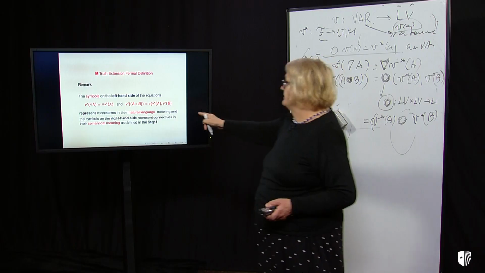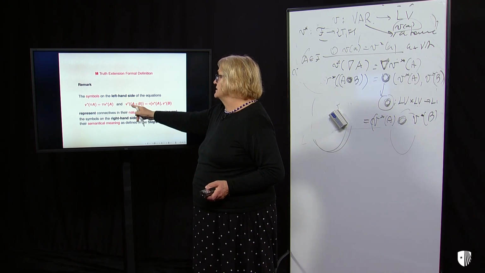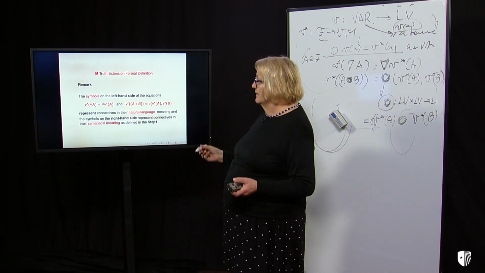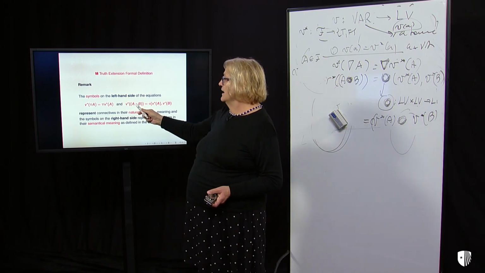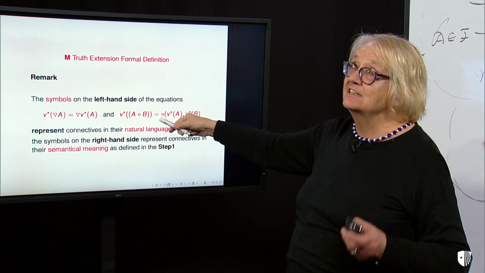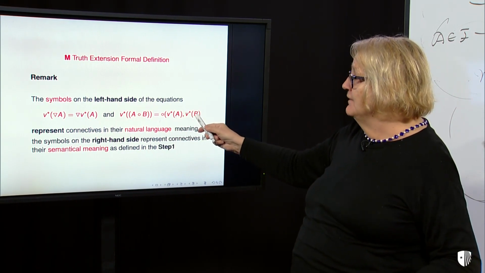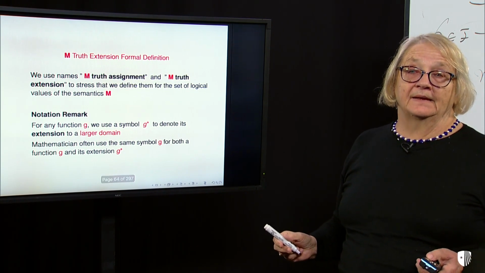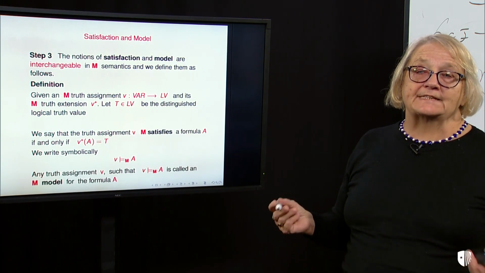The V star of a formula A connective B is how this connective is defined on values which already were defined for A and B. And this is called extension.